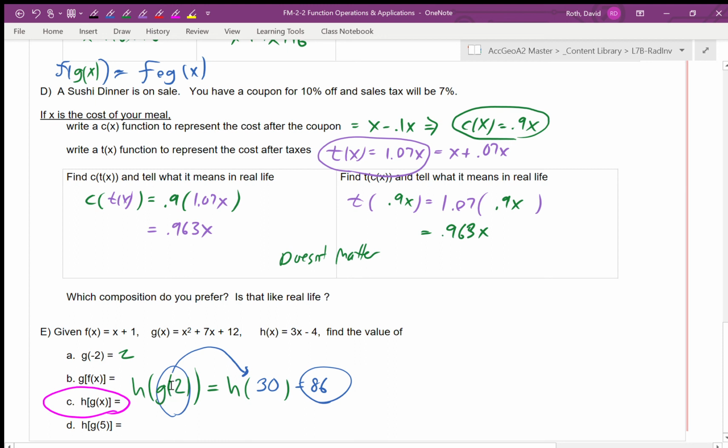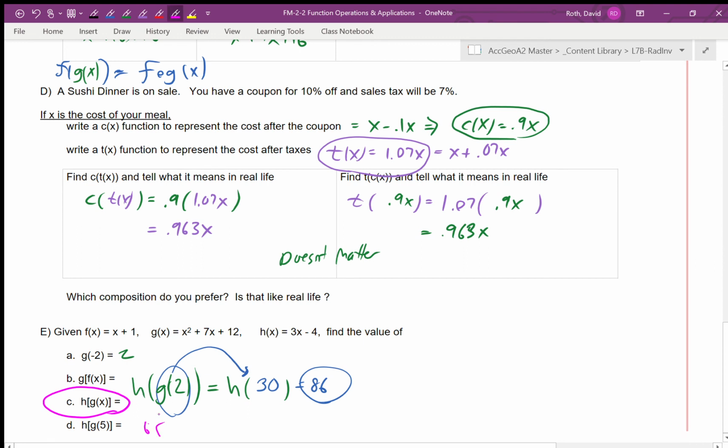Notice that I did g of 2, h of g of 2. Fine, take 2, plug it in the g function. 2 squared is 4 plus 14, 18 plus 12 is 30. G of 2 is 30, so h of 30, and then you get 86. You simply work with a number. That works fine, and that's probably the easiest way to do these with numbers.